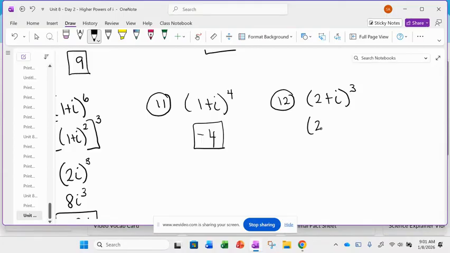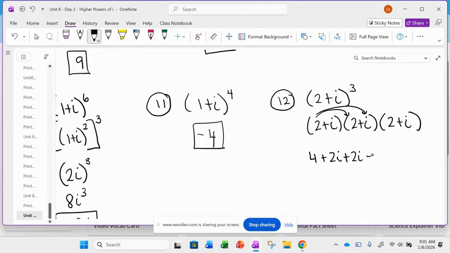So we're going to have to do 2 plus i times 2 plus i times 2 plus i. I'm going to multiply two at a time. 2 times 2 is 4. 2 times i is 2i, plus another 2i, minus 1. So this is going to give us 3 plus 4i. And now we take that 3 plus 4i and multiply by 2 plus i.